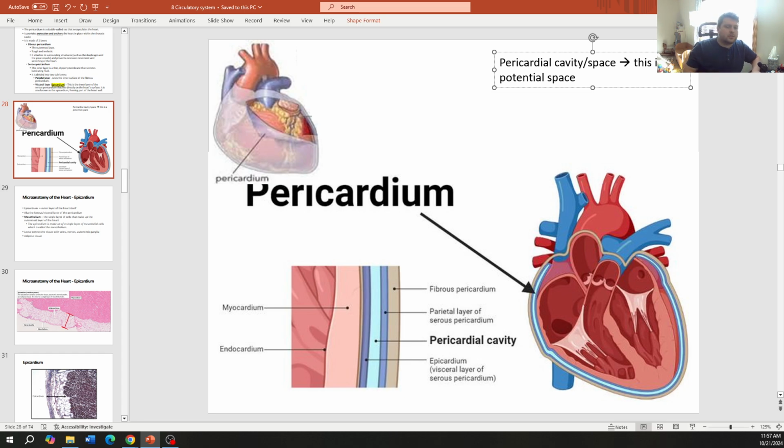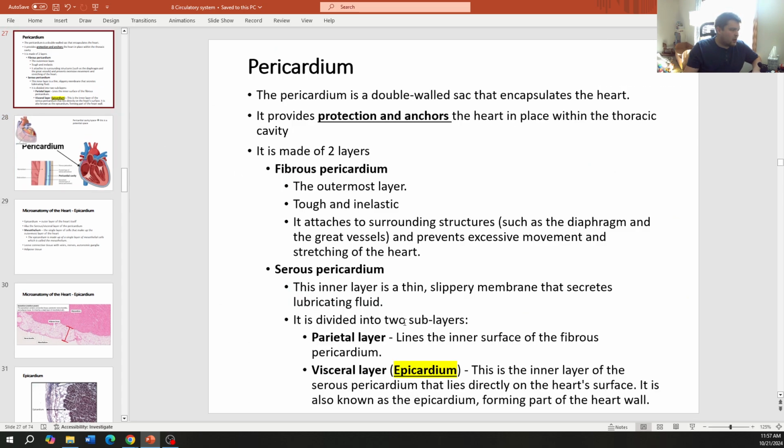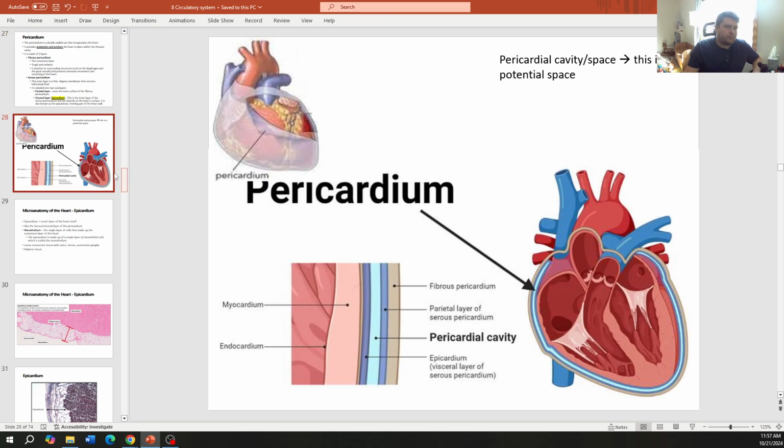You're also going to see this when you talk about lung tissue and a couple of our other tissues that move consistently. The reason why we have this layer, they call it a slippery membrane that secretes lubricating fluid, is to fight friction. Friction, as we know, when we rub our hands together, one, creates resistance, and then it creates heat. We don't want our heart to overheat because it's constantly beating.